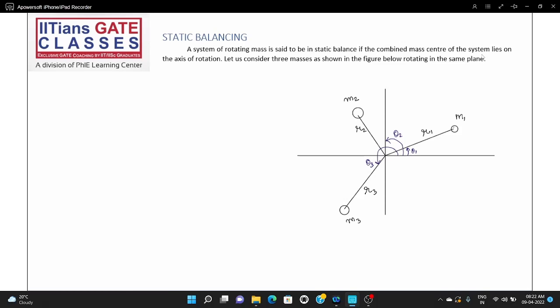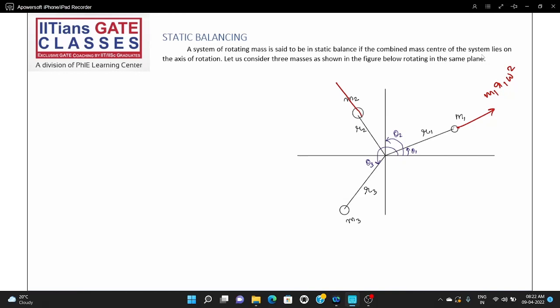Now, you might be thinking, what kind of force? What I'm talking about is centrifugal force. If these masses are rotating, there will be three centrifugal forces. Let me say it is rotating with an angular velocity of omega.